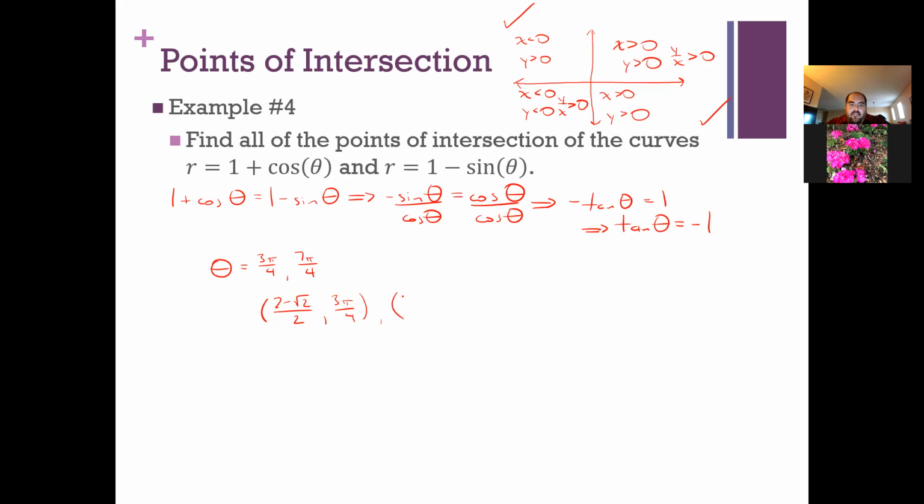And I believe it's radical 2 minus 2 over 2 at 7 pi over 4. Any questions there?